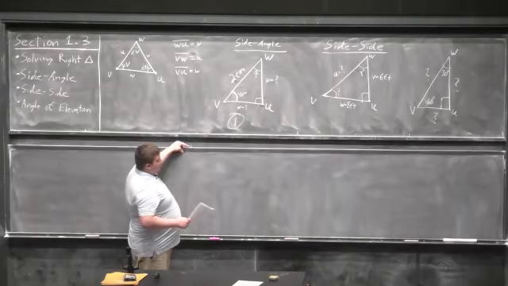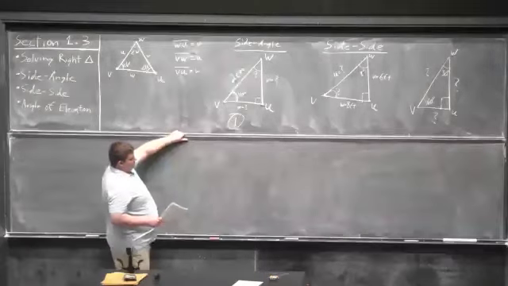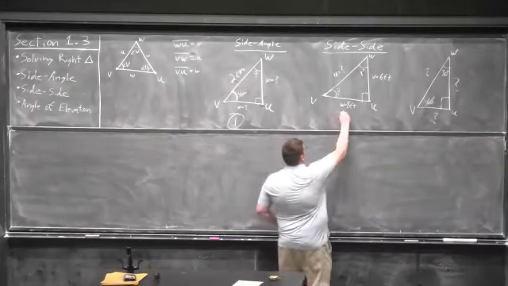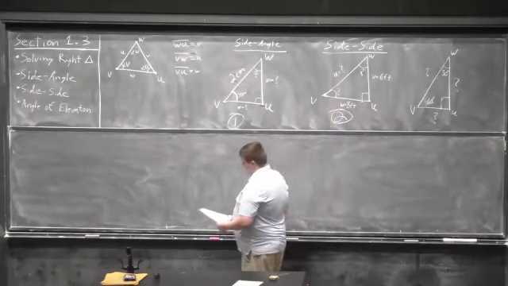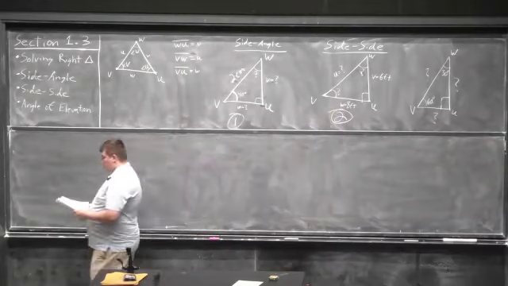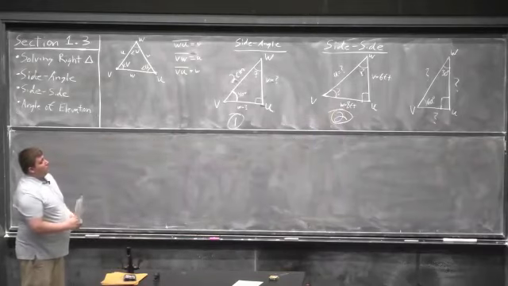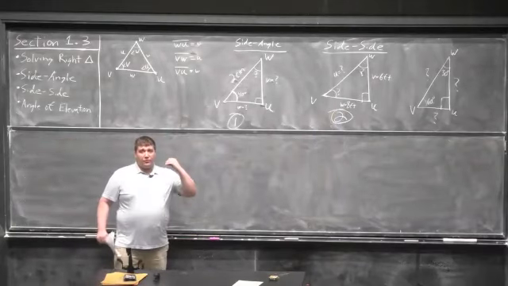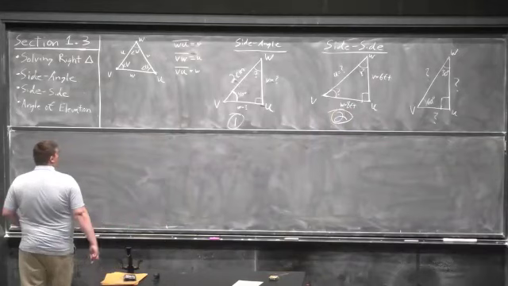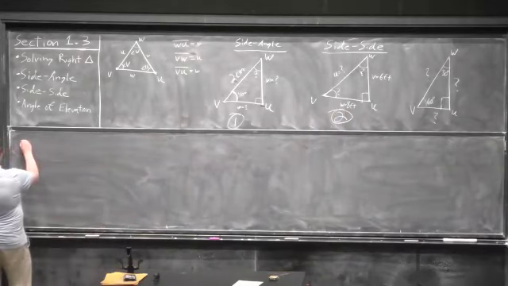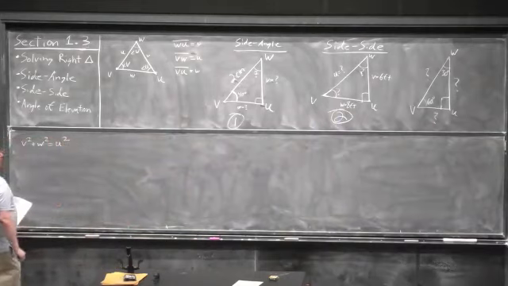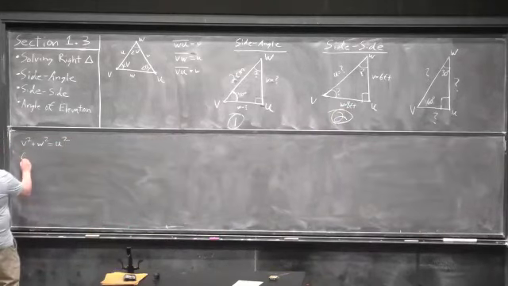So let's look at example number 2. That is this example. When I want to solve for the unknowns, again, I'm going to start with, what do I know? Well, I know Pythagorean's theorem, so we have v squared plus w squared is equal to u squared. My v is 6.